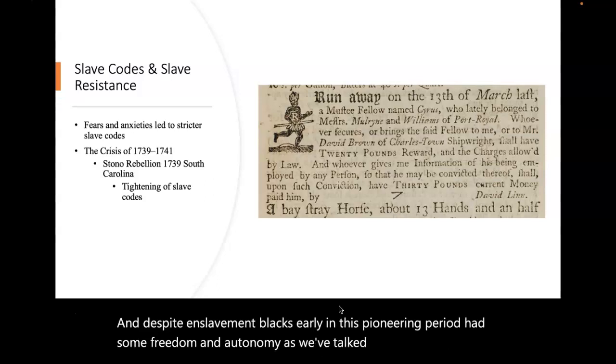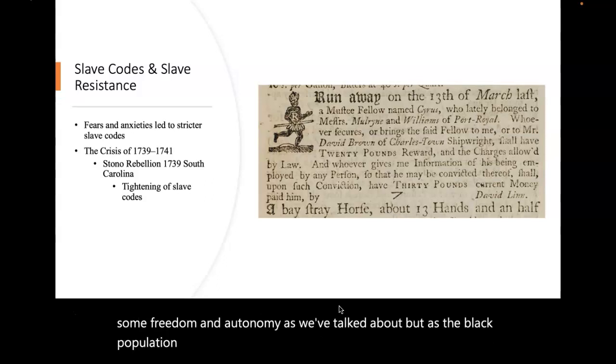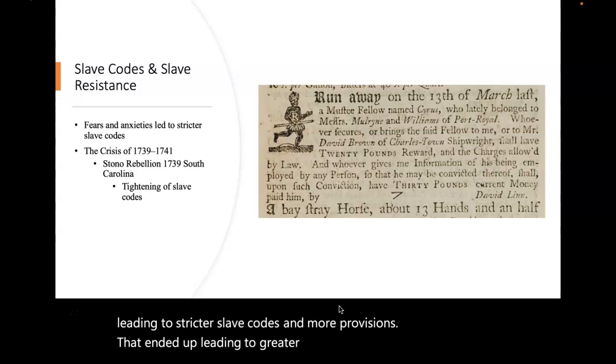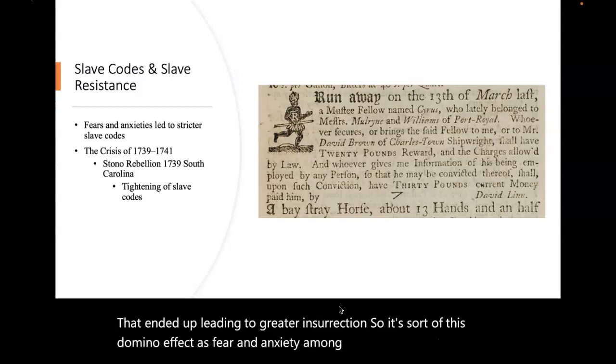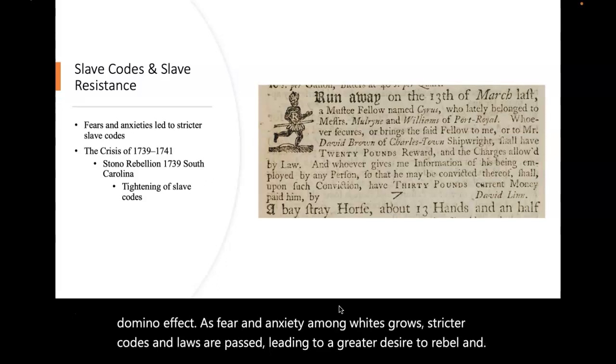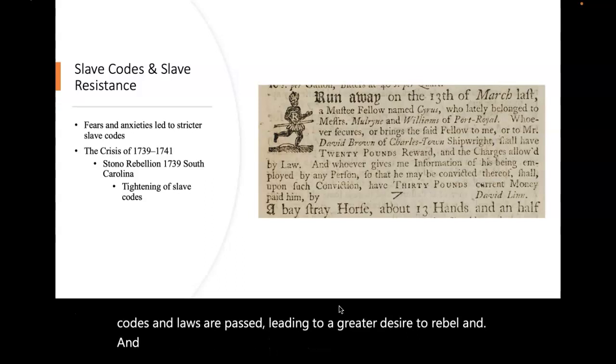But as the Black population increased, you see greater fear and anxiety among whites, leading to stricter slave codes and more provisions that ended up leading to greater insurrections. So it's sort of this domino effect. As fear and anxiety among whites grows, stricter codes and laws are passed, leading to a greater desire to rebel and resist from the slaves.